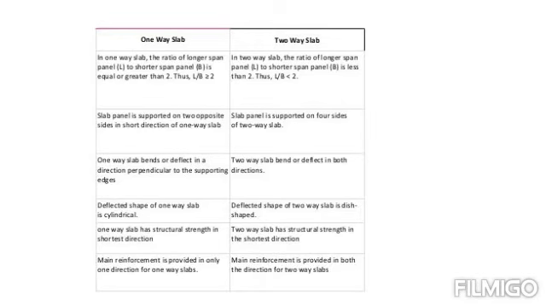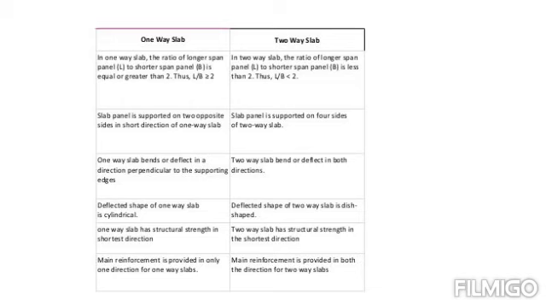Let us now look at the difference between a one-way slab and a two-way slab. In one-way slab, the ratio of longer span to the shorter span is equal to or greater than 2. In two-way slab, the ratio of longer span to the shorter span is always less than 2. In one-way slab, the slab panel is supported on two opposite sides in short direction. In two-way slab, the slab panel is supported on four sides.